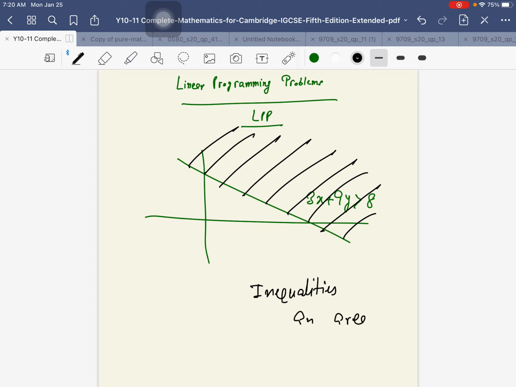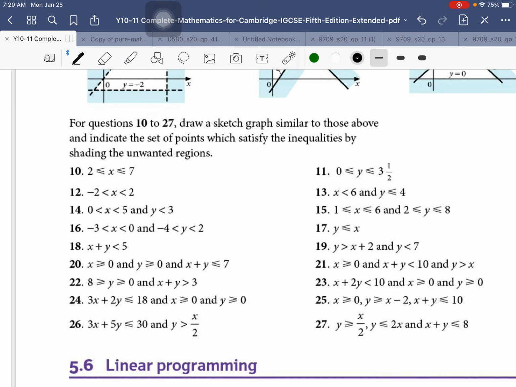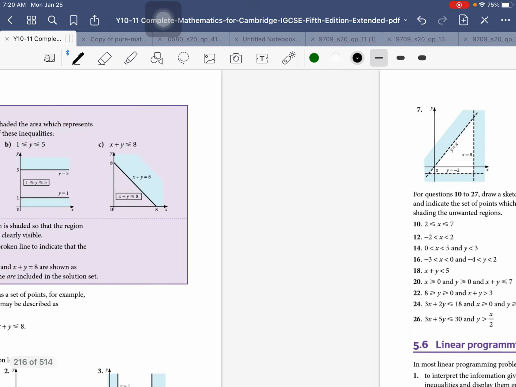So we're going to shade or unshade the wanted or unwanted area. An inequality can be a vertical line, with an unwanted area on one side, or a horizontal line, with an unwanted area on one side. Sometimes in the exam, we are asked to shade the unwanted area, and sometimes we shade the wanted area. So let's go to a particular example here.